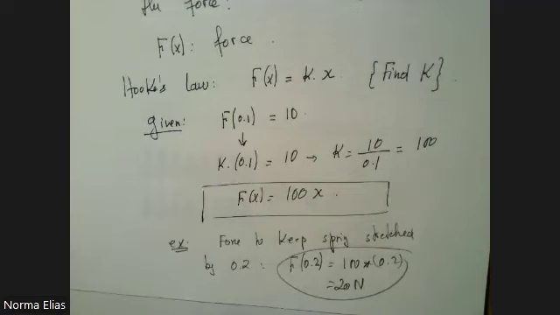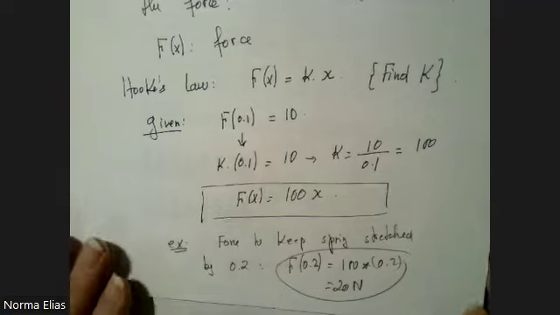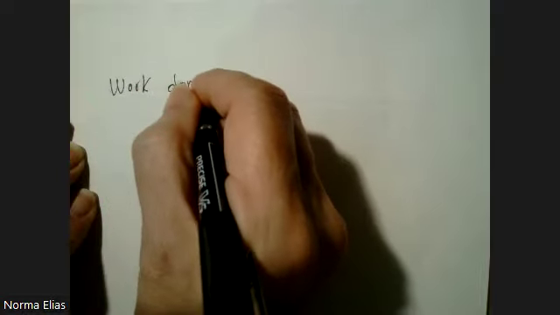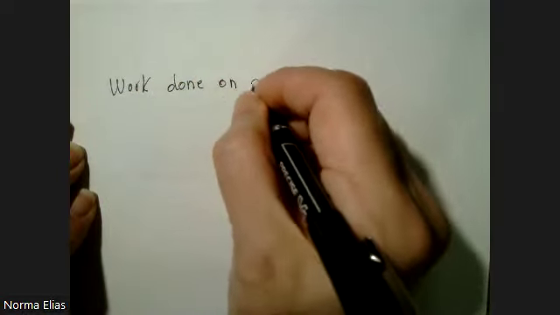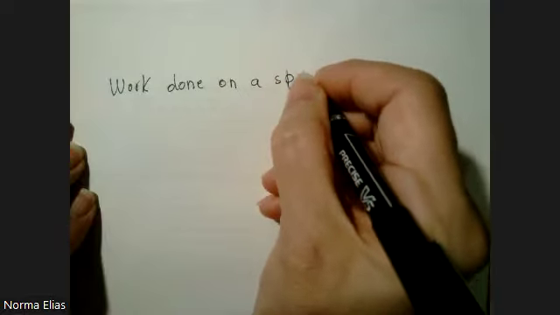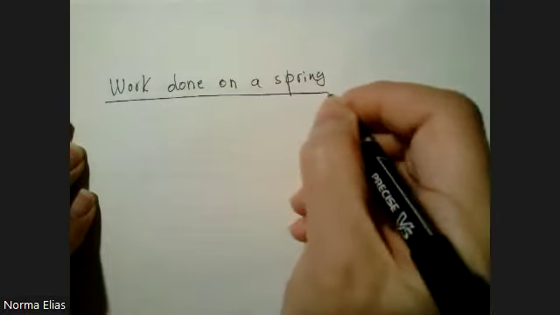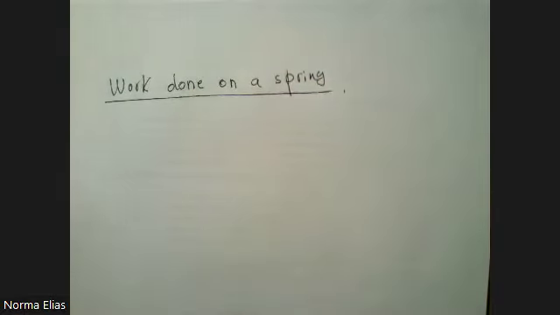Now, work. So now we know the force that we're working with, and now the work. Problem number 2: work done on a spring. So let's see what the problem is.